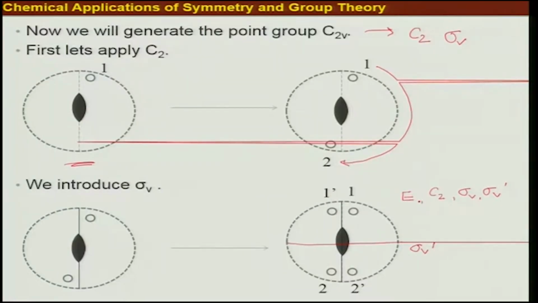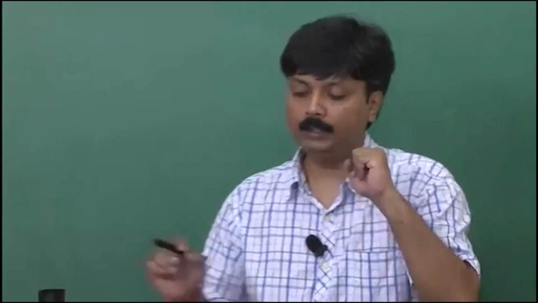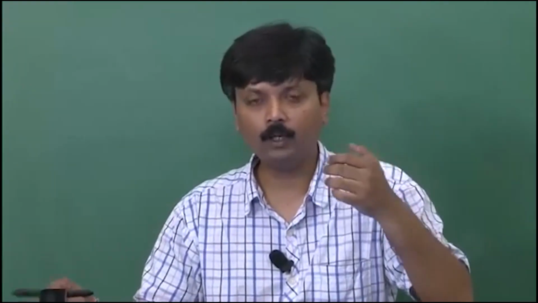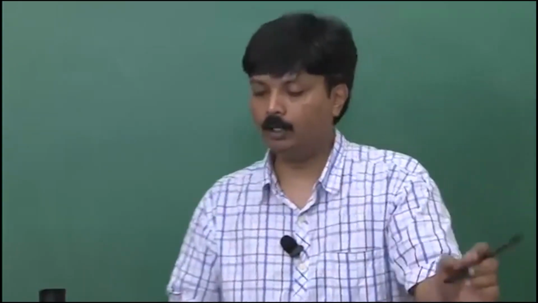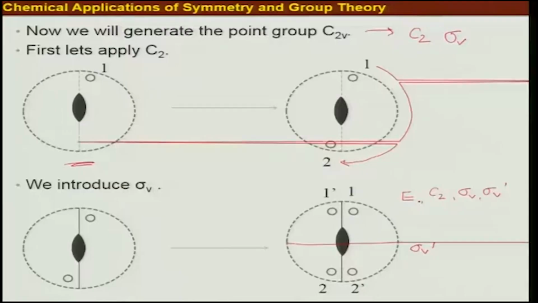These are the 4 symmetry operations that are possible for the point group C2v, and you already know that. So you can see how useful stereographic projection can be in order to find out the symmetry operations for a given point group.